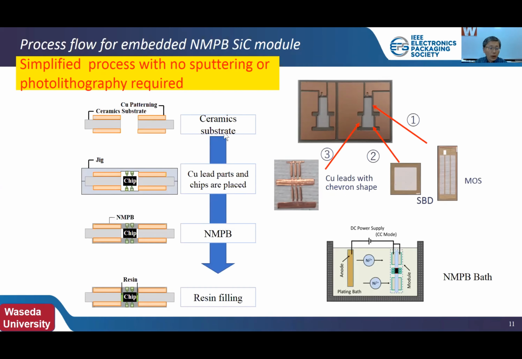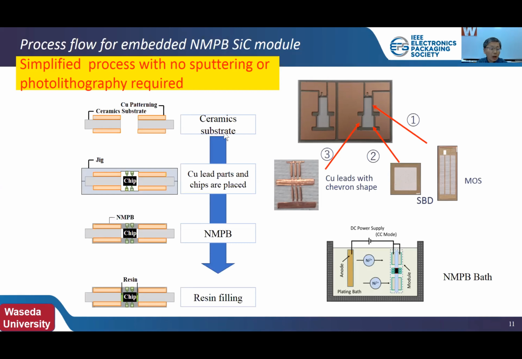This figure shows the process flow for the embedded NMPB SiC module. The SiC chips are first fixed in the device holes. One edge of the copper lead pressed into a chevron shape is contacted with the surface of the SiC gate electrode, and the other edge surfaces of the leads are contacted with each source and drain electrode of the SiC chips.